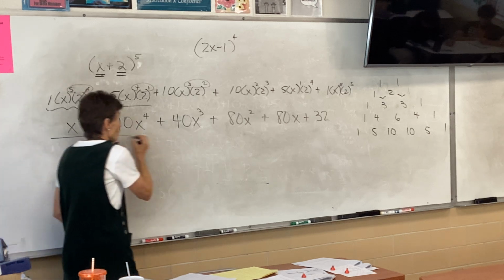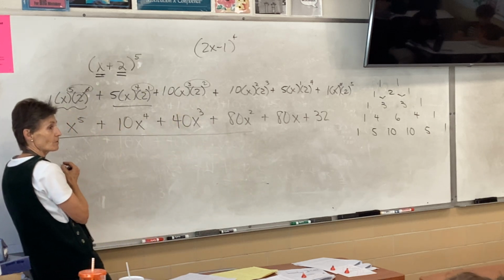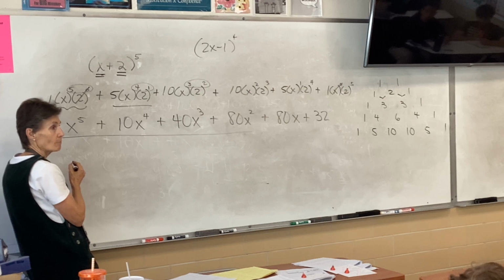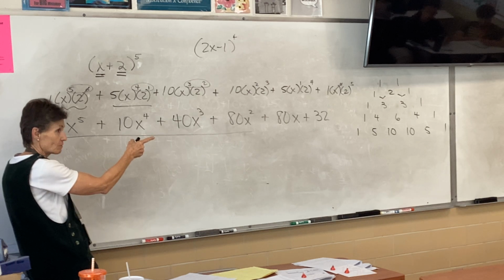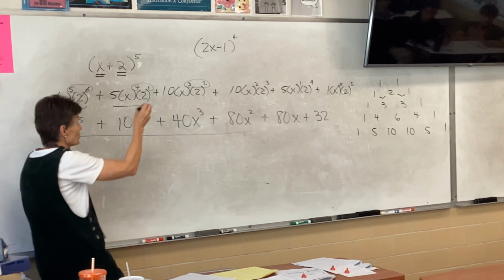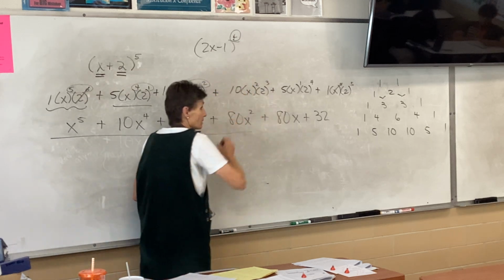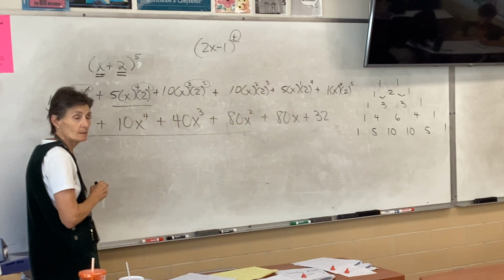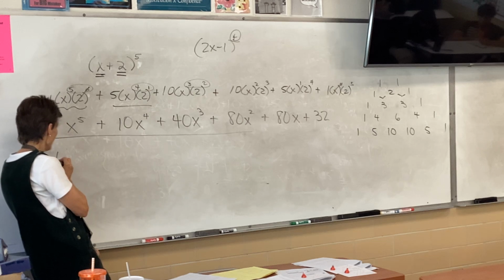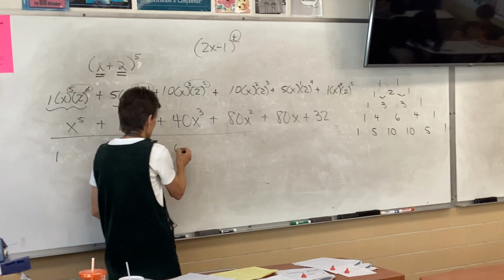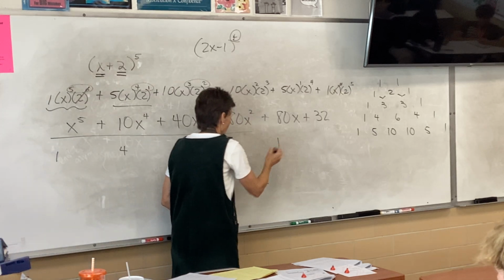All right, so where do we start? What do we do first? Get your coefficients from the triangle. Which row of the triangle are you going to get them from? The 4th. So 1, 4, 6, 4, 1.